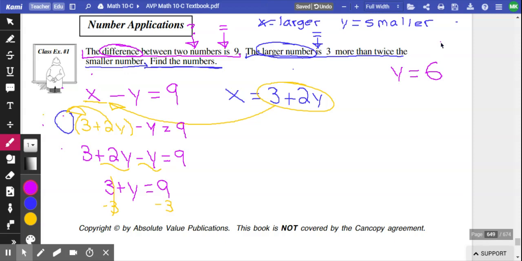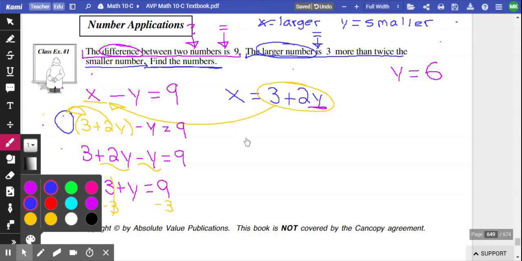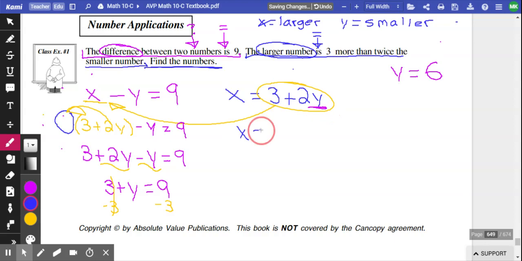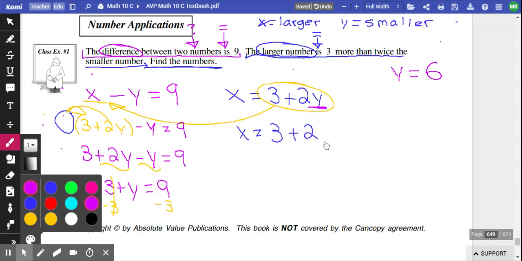To get the other number when using substitution, you then go back to this equation, and you're going to change y to be 6. That gives you x equals 3 plus 2 times 6.